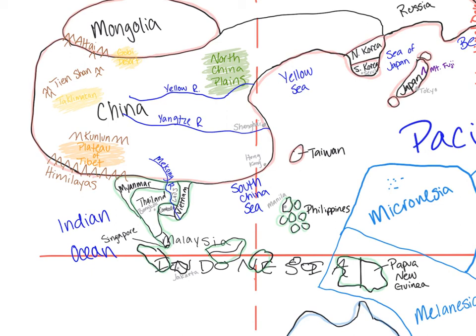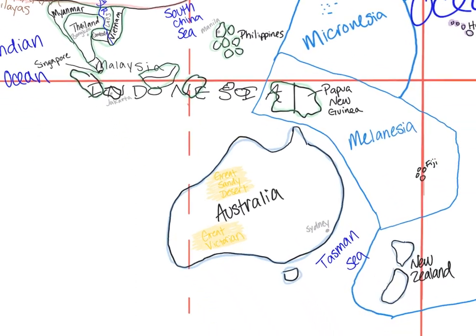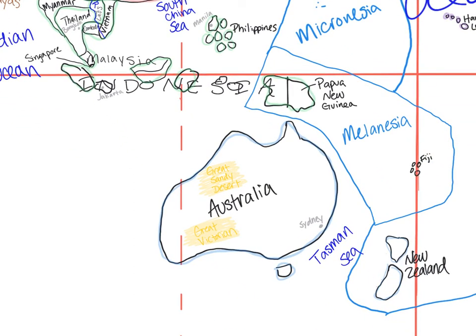and then we just have 2 in Australia, and they kind of split out from each other. It's gonna start over here, it's gonna go north, and then one, it's gonna go south. The northern one is called the Darling River.